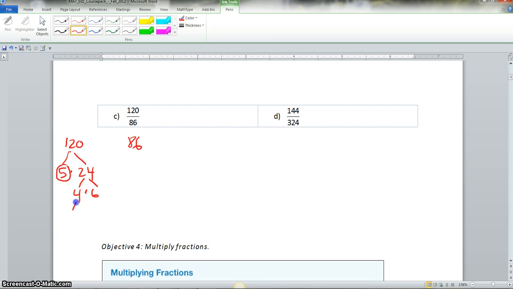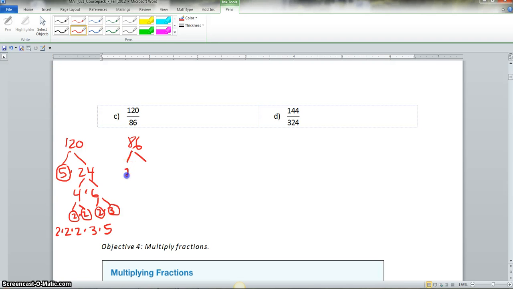Now 4 breaks down to 2 and 2. And 6 breaks down to 2 and 3. Now these are all prime numbers. So now the prime factorization here is 3 2's, a 3, and a 5.